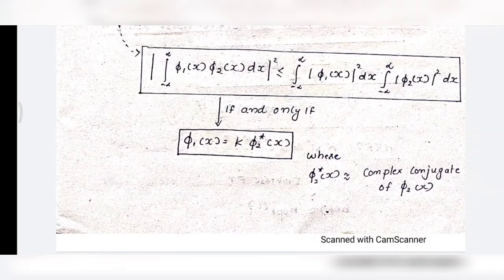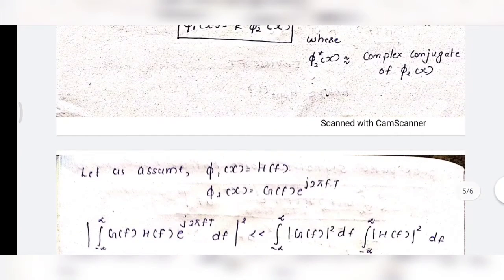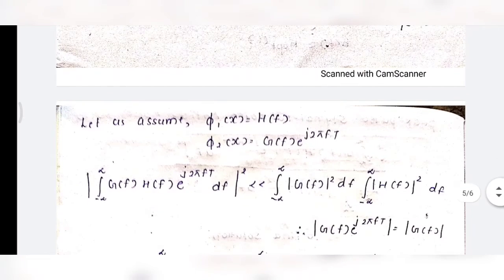So, in order to solve the signal to noise ratio, we use Schwarz inequality at the numerator side. So, we assume phi 1 of x equal to h of f and phi 2 of x equal to g of f e raised to j 2 pi f t.